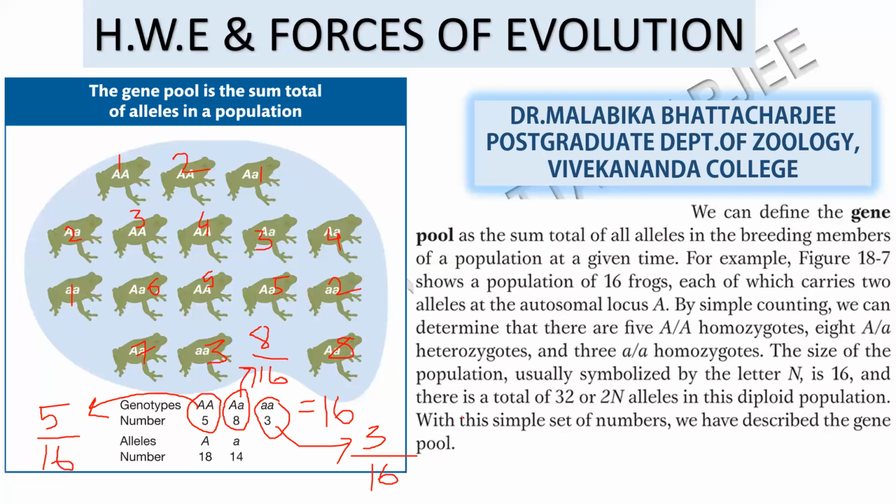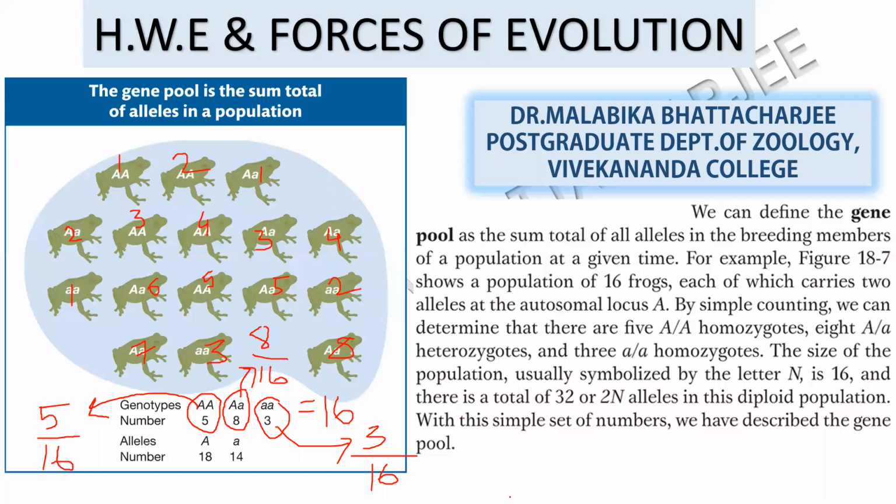We started with a small population, and here there are 16 individuals. There are a total of 32 alleles. So these 32 alleles describe the gene pool of this population, because we're concentrating on one gene and on the 16 individuals. Next, we went on to understand the genotypic frequency. How did we do that?